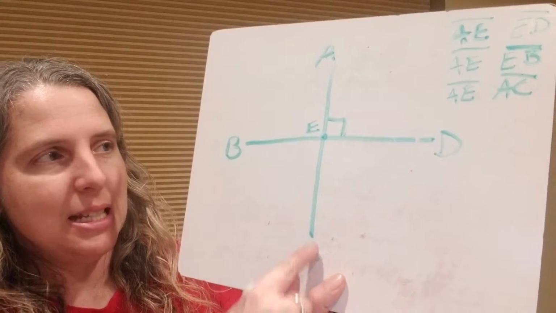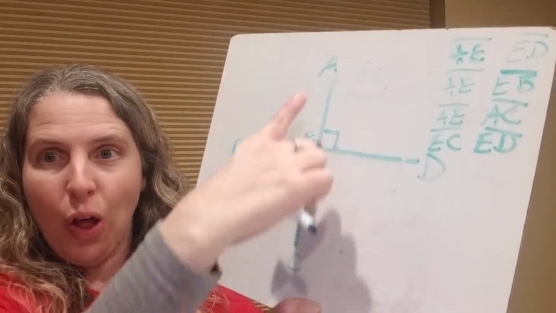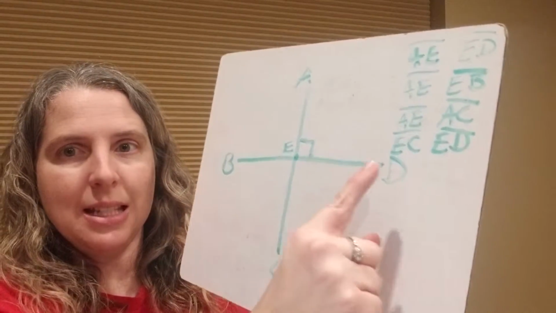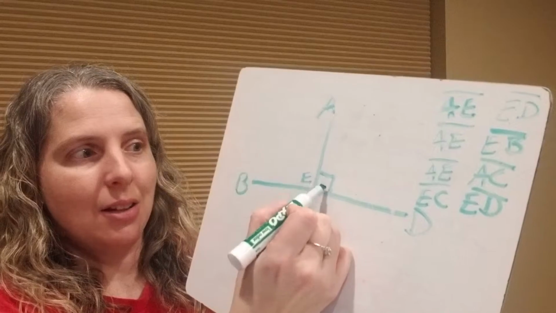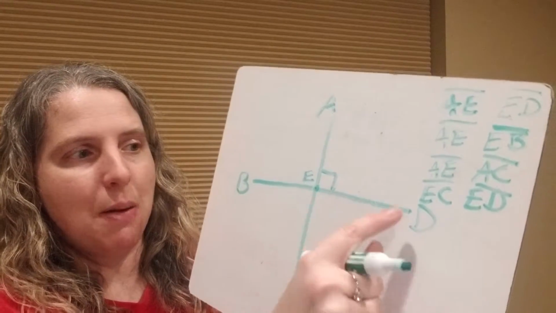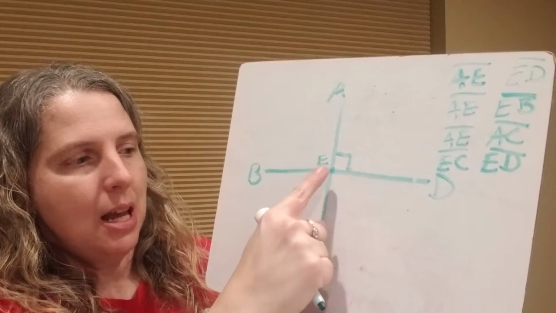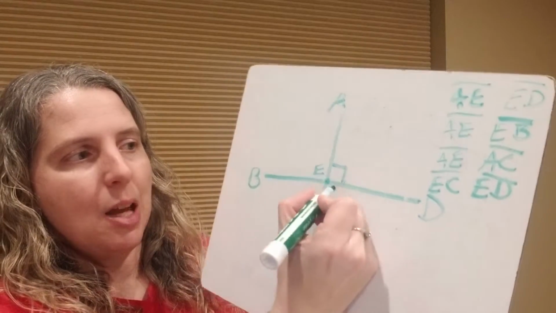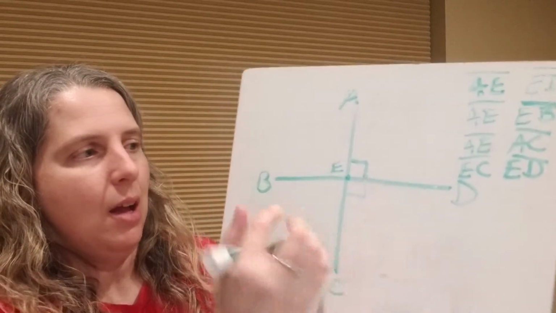Here's another one, EC and ED. Write those down. EC, ED. Okay, and then AC all the way, and BD. That makes right angles, okay? They make them at different spots. Should have showed you that, sorry, when I did EC and ED, it made their right angle right there.